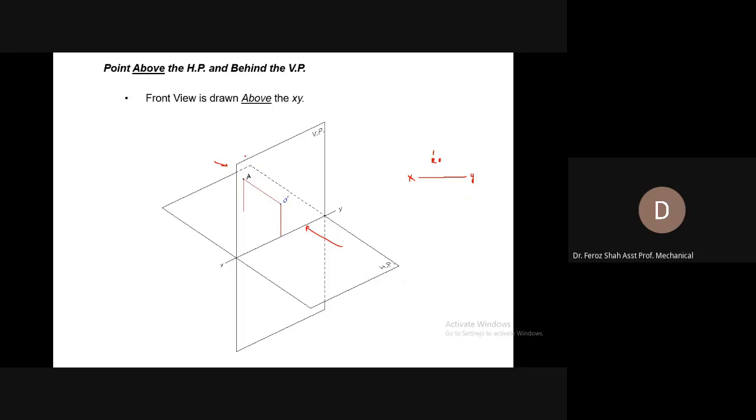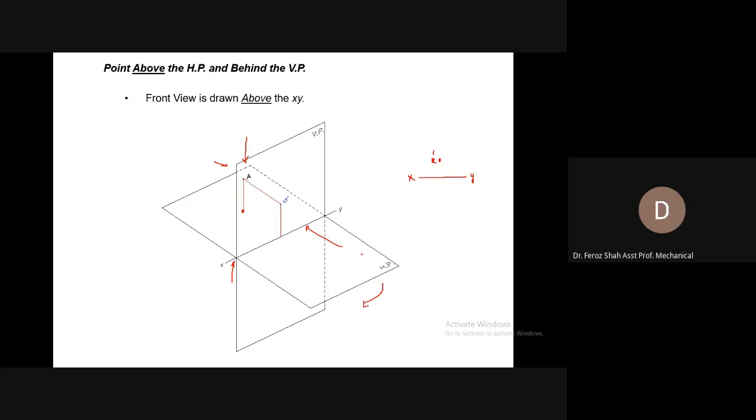Now for the top view, if you also want to draw it, you will be looking at the point from the top or from the bottom. In both cases, its top view would be formed at the horizontal plane. Remember, the top view is always formed at the horizontal plane. Now, the method in vogue is that you rotate the horizontal plane about 90 degrees once the top view has formed, for example rotating it clockwise as we have done.